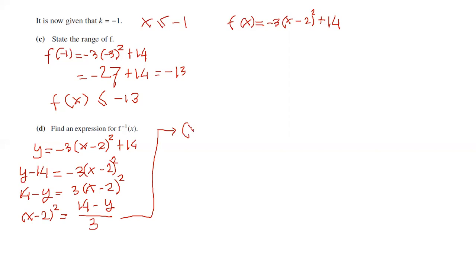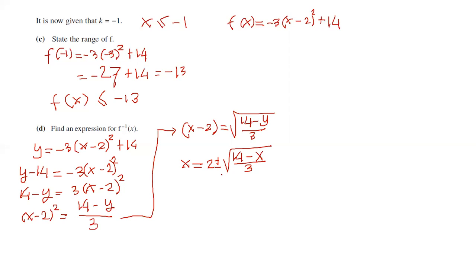So x minus 2 equals the square root of (14 minus y) over 3. x equals 2 plus or minus the square root of (14 minus x) over 3, because the value of this square root can be plus or minus.